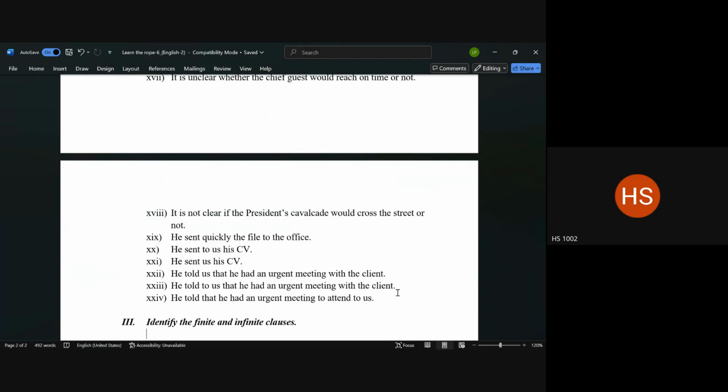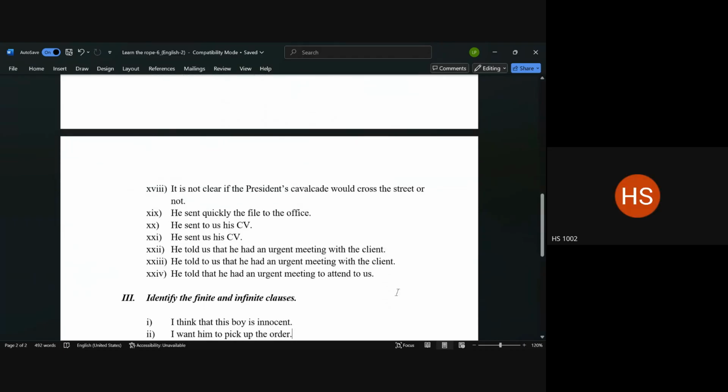Then the 20th one: he sent to us his CV. Ma'am, it's wrong. Now this one is about the placement of direct and indirect objects, right? Send is a ditransitive verb. It has two objects, direct and indirect, something like, I gave a flower to my mother.